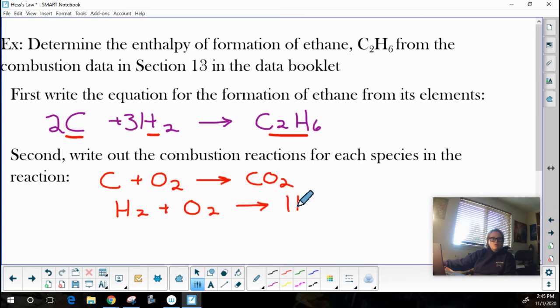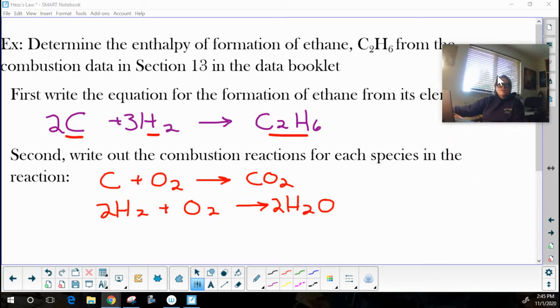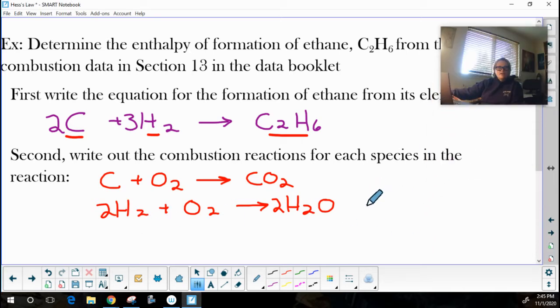And I'm going to make water like this here. I need to go back and balance that one by adding a 2 here and a 2 here. I can also say for this one as well, H2 plus half O2 to make 1 mole of water.